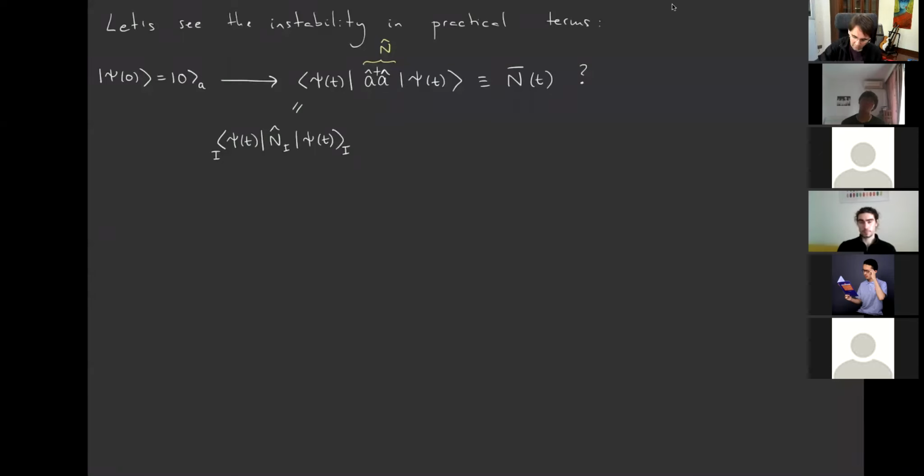Okay? Now I remind you that what I mean by this is that the operator in this picture is nothing but applying the transformation operator onto the operator that you are considering.